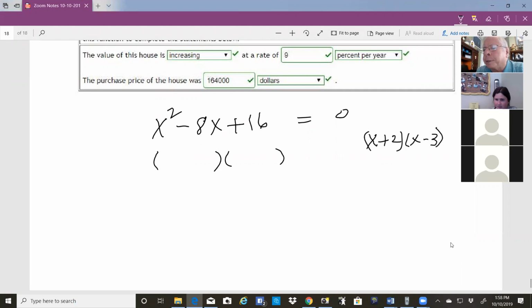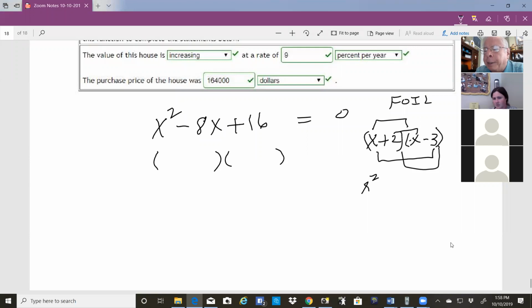So there's a quadratic that is factored. If you had to multiply this out, you foil it. The first, the outside, the inside, and the last. The first is x times x, which is x squared.